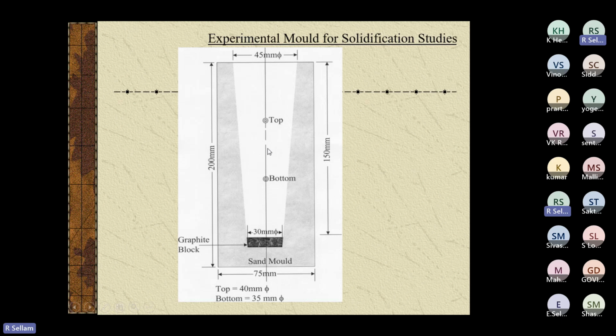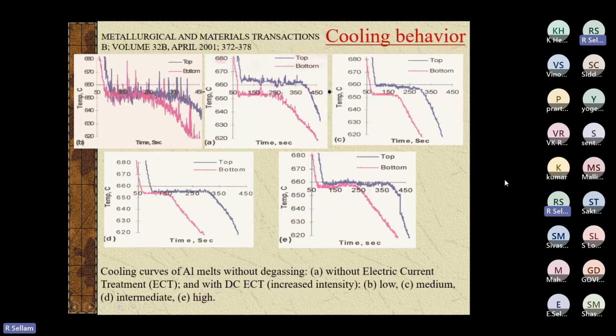We inserted two electrodes, top and bottom, at one-third from the top and one-third from the bottom, or the reverse. Thermocouples are inserted at the middle of the casting to monitor the temperature profile, and the profiles are like that. It was published in 2001 in Materials Science and Technology. You see, top is blue and bottom is red. A lot of fluctuations.